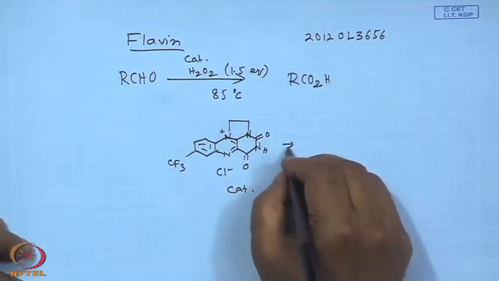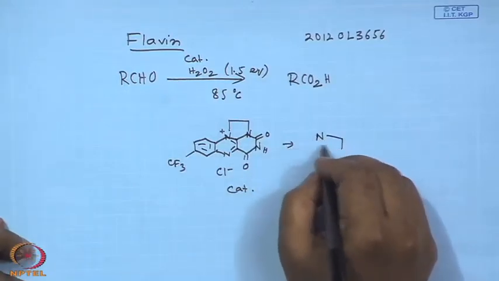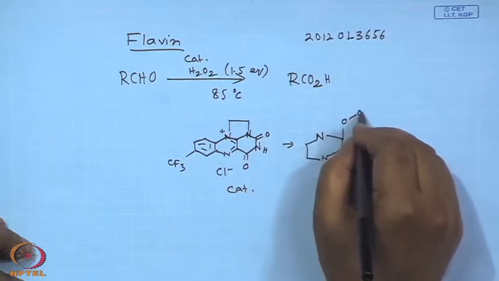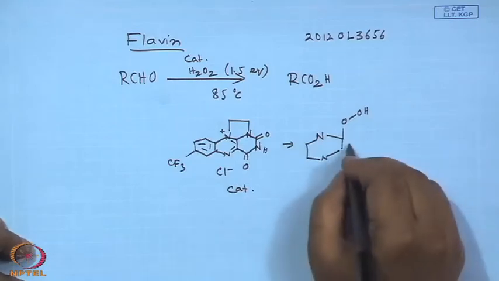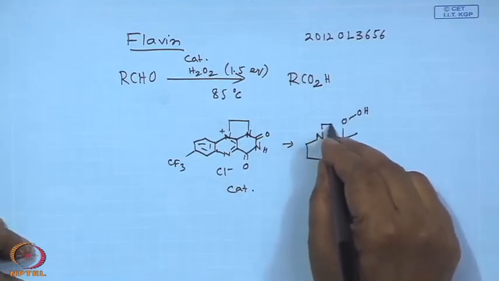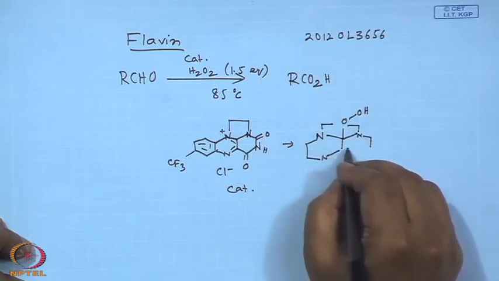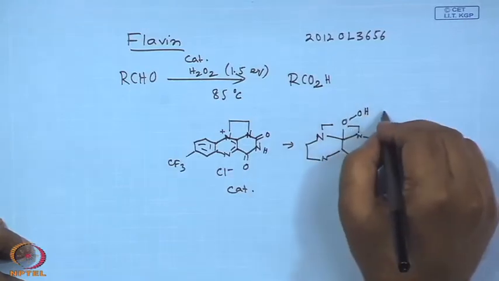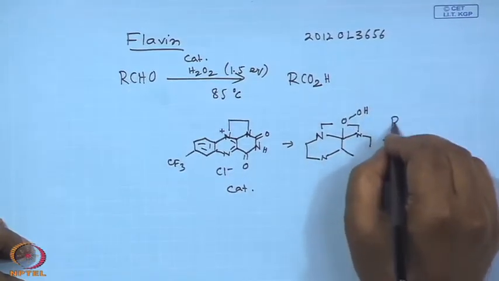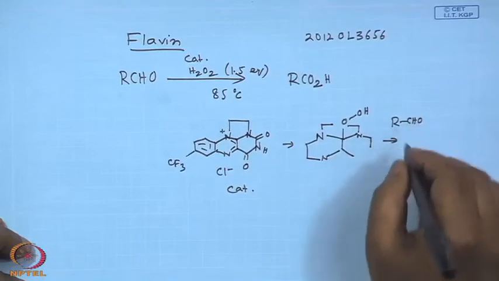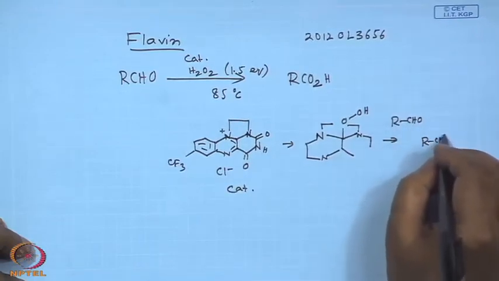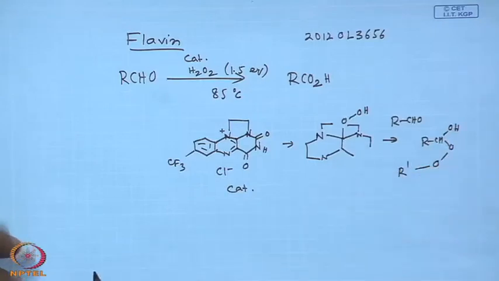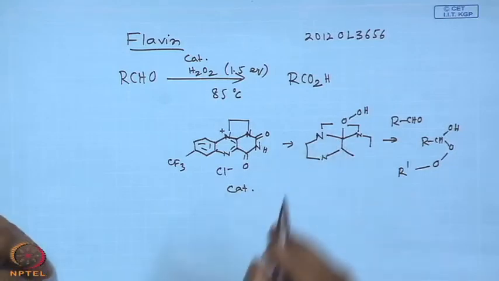And what is the intermediate? I will write only the partial structure. Hydrogen peroxide undergoes nucleophilic addition first to get this hydroperoxide. Now, this hydroperoxide reacts with the aldehyde to form a hemiacetal.